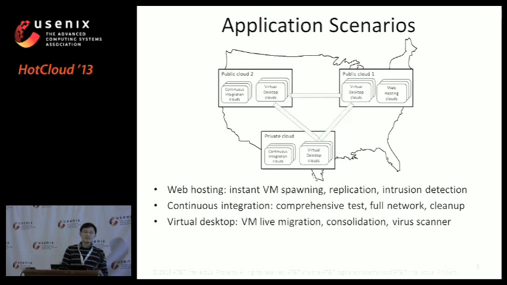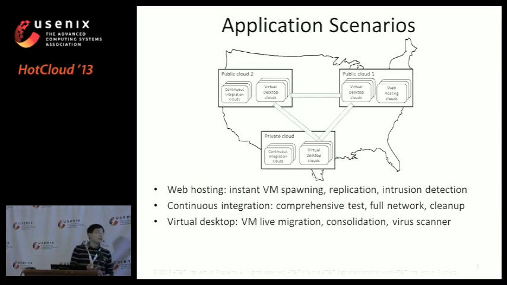And the third example is even more interesting. You can run virtual desktop Inception clouds across all three public and private clouds. For example, you can enable VM live migration features when you, say, fly from the East Coast to the West Coast to attend a conference like HotCloud, like me here.